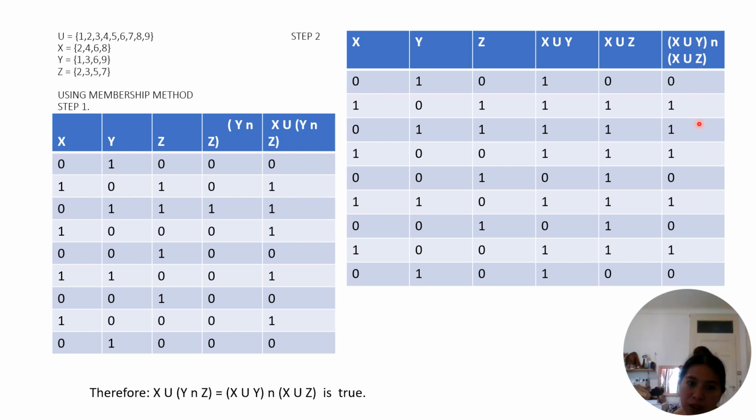We are going to use the and statement here to find the values of this, like what we did here. So as we can see, we are going to compare this one, the value that we have taken here, and in this one they are the same. Therefore we have proven that this proposition is true.